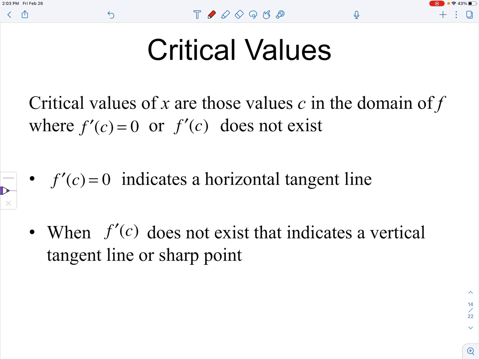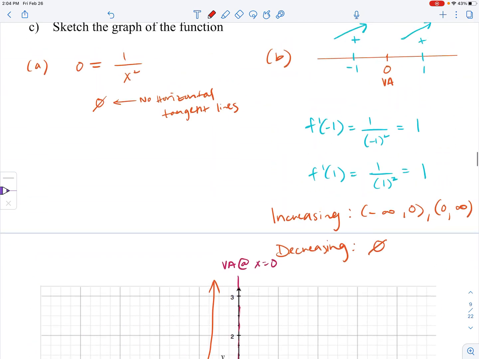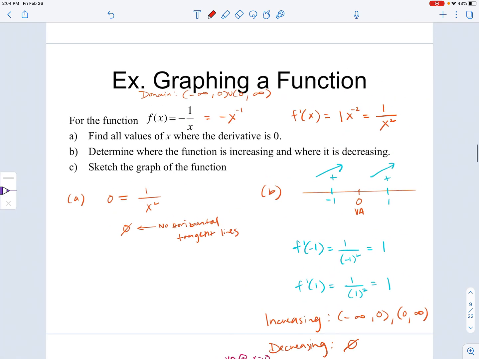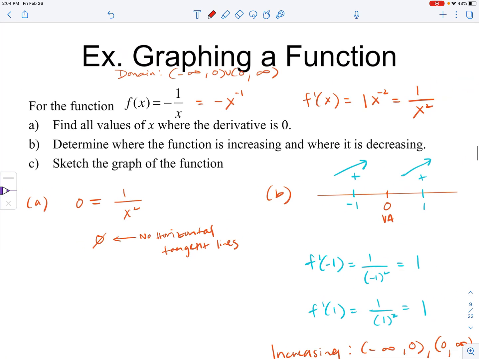So the critical values of x are those values c in the domain of f. For c to be a critical value, it has to be in the domain of the function. If you remember our last example from part 1, our derivative would not have existed at x equals 0.